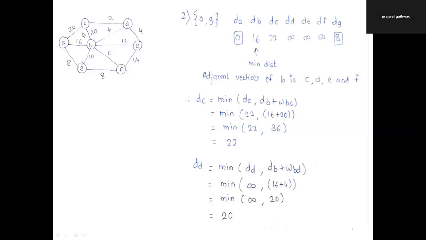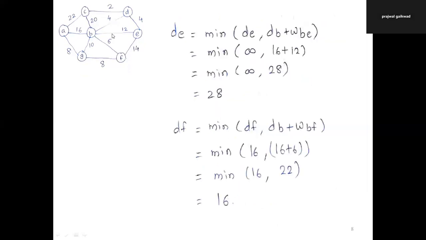So dB, 16 plus 4. It comes out that A to D we can reach with a minimum distance of 20. So we'll mark that again. B, C, D we have finished. Now E and F are still there.